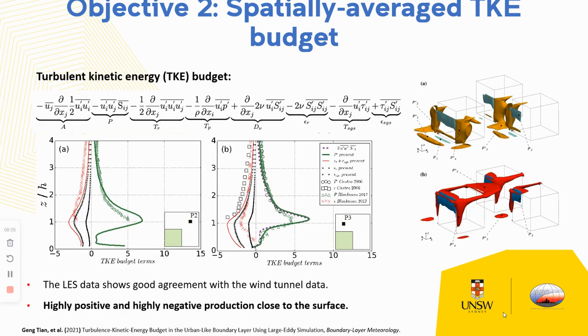Now let's move forward. It's the turbulent energy budget. That's what we did in 2020 before, published in BLM. In this work, we found that in this kind of packing density of 25%, there is a strong production of TKE in the vicinity of the cube. And in this work, we just use one geometry.